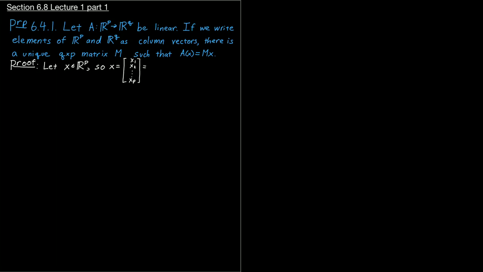And we can write it as X1 times the vector which starts out with a 1 at the top, and so on up to XP times the vector that's a bunch of zeros and a 1 at the bottom.